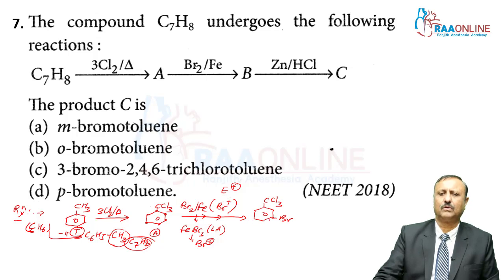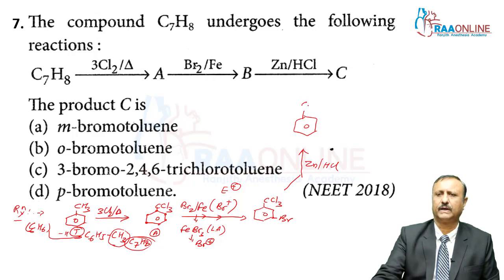Now, when we take Zn and HCl, in the presence of Zn and HCl, reduction takes place and all the chlorine atoms are replaced by hydrogen atoms, and you get the CH3 group.